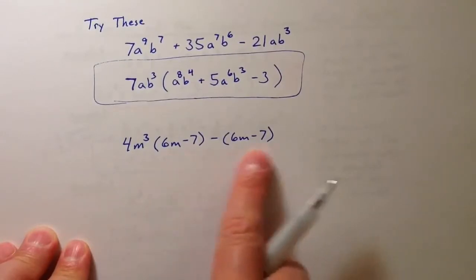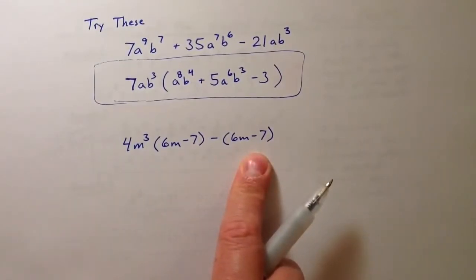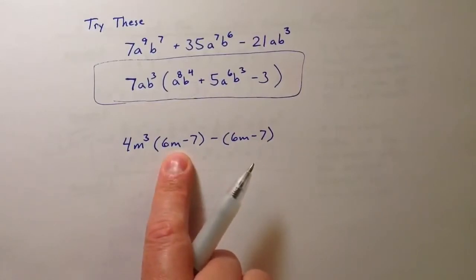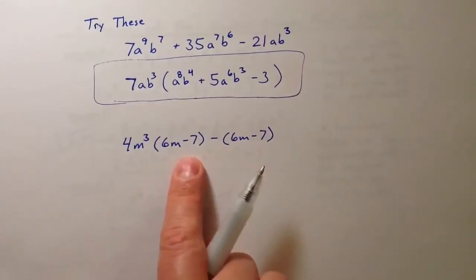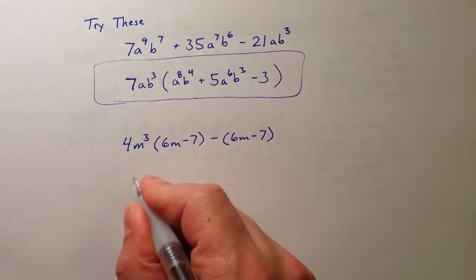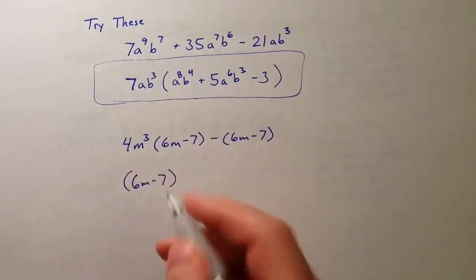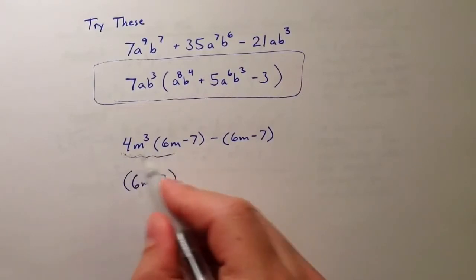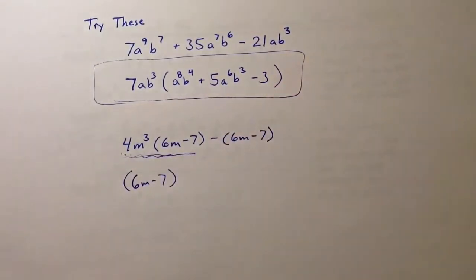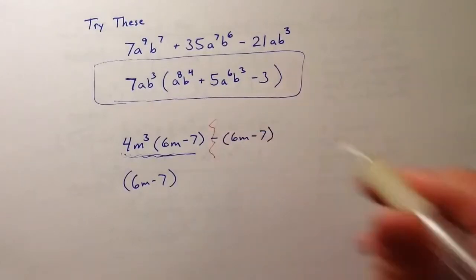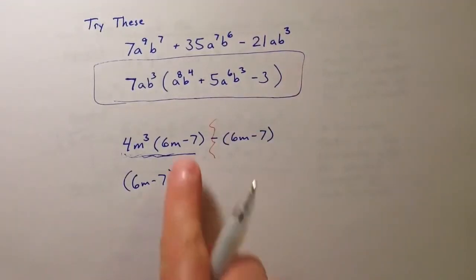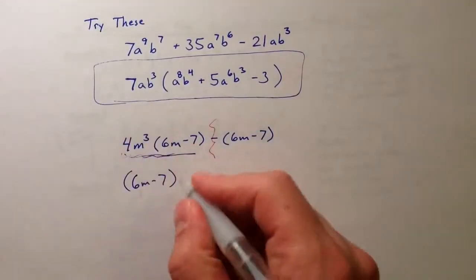The second one is similar to that third example from before. So we have 6m minus 7 is common. So if I factor that to the front, 6m minus 7, then what's left behind from the first two things? Across this minus sign, in front of that minus sign I have 6m minus 7 times 4m cubed.